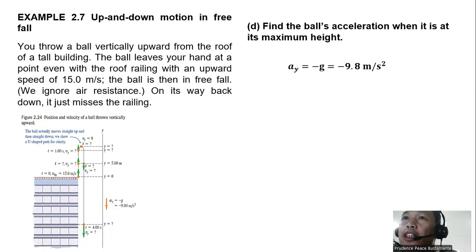When we say constant, at any point, whether at the maximum height or anywhere else, the acceleration is the same. So at the maximum height, where the velocity is 0, the acceleration is still constant, which is negative 9.8 meters per second squared. So remember that always.